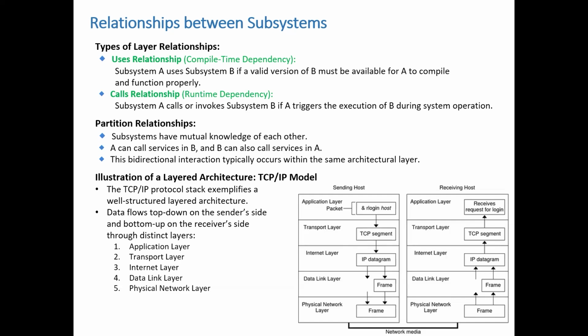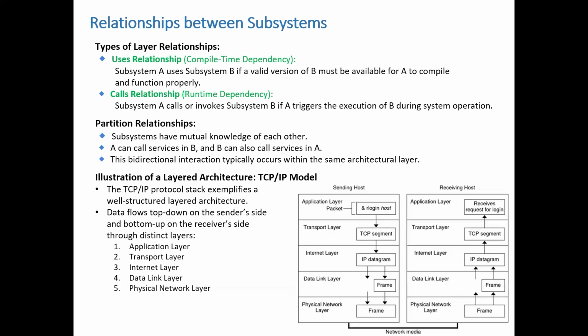This layer stack is a classic example in network design. On the sender side, we go from the application layer down through transport, internet, data link, and then the physical layer where data gets transmitted.